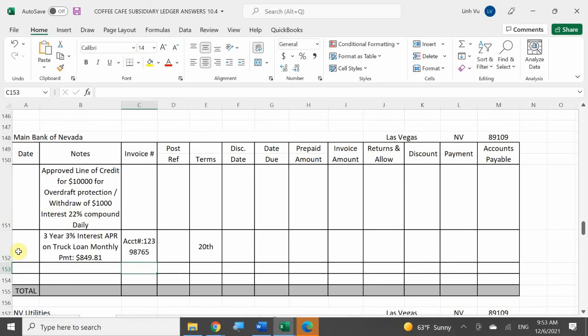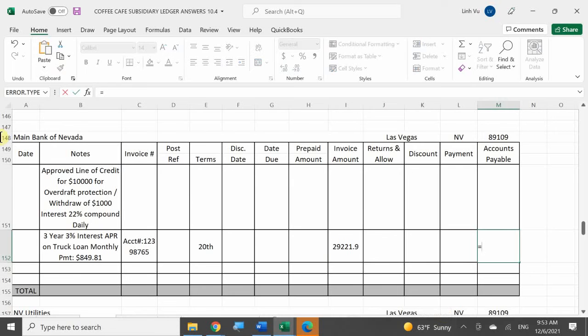In this case, we haven't received our bill yet, so there's no need for a date here, okay? Because we don't know what amount we completely owe as of right now, right? Because it's going to show up, this is what you owe, and then we have to include the interest on top of that. So in this case, my invoice amount is going to be $29,221.90. Did I make any payments to it?